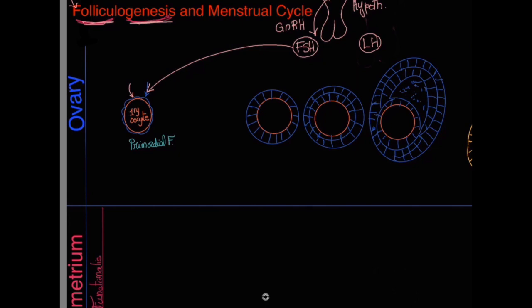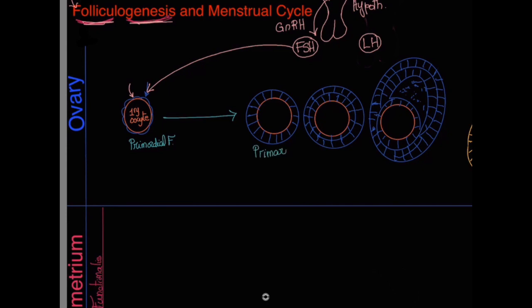This is the follicle that the FSH is going to be stimulating. Every month, FSH will rise, and this will stimulate some of the primordial follicles kept in the ovary to start the maturation process. So some of the follicles kept in the ovary are going to be stimulated, and they will start to become primary follicles.